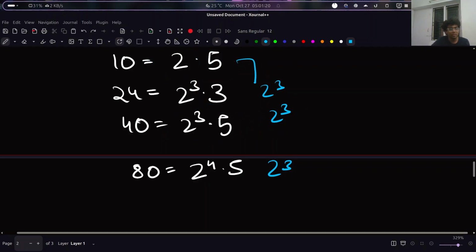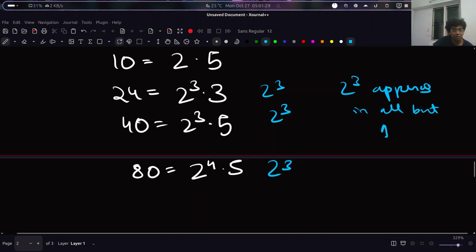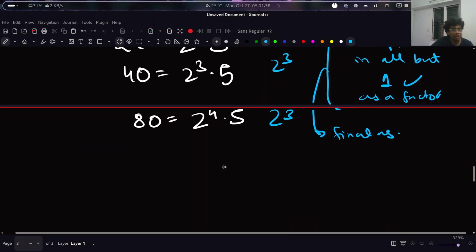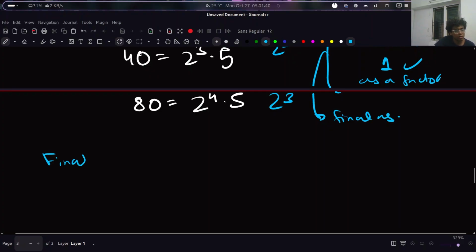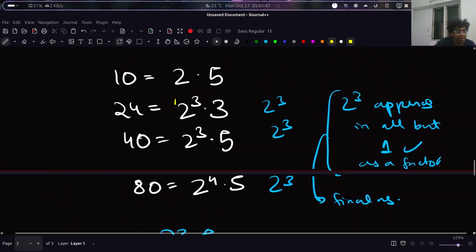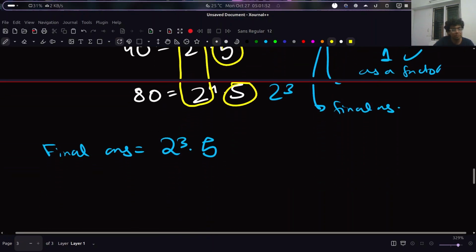So we can say that 2 to the power 3 appears in all but 1 as a factor, so that also will appear in the final answer. So our final answer is going to be 2 to the power 3 times 5, because 2 to the power 3 has appeared in n minus 1 elements. Similarly 5 has appeared in n minus 1 elements.